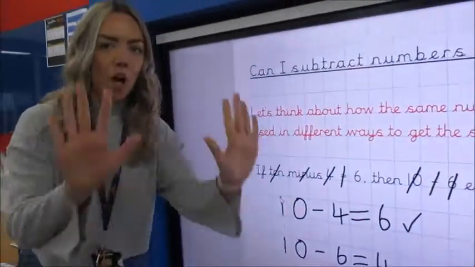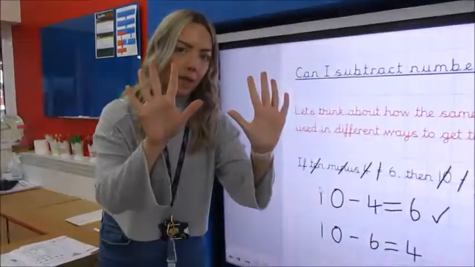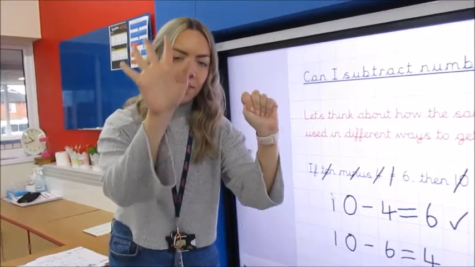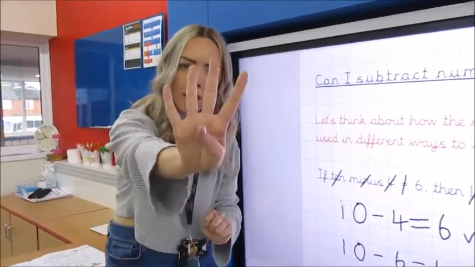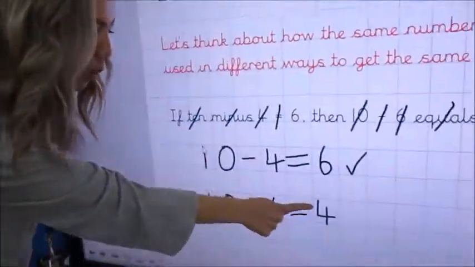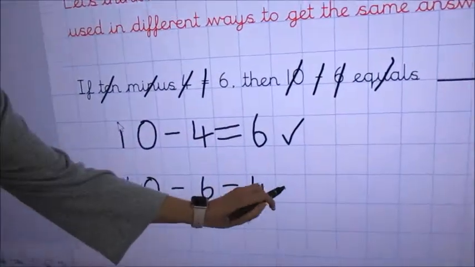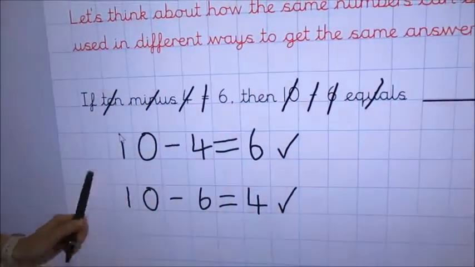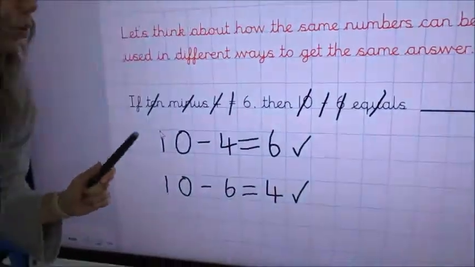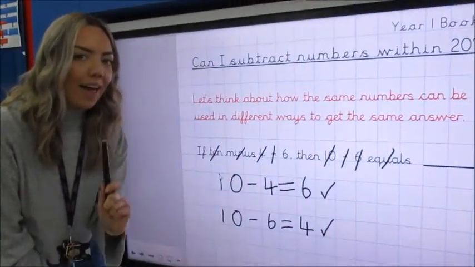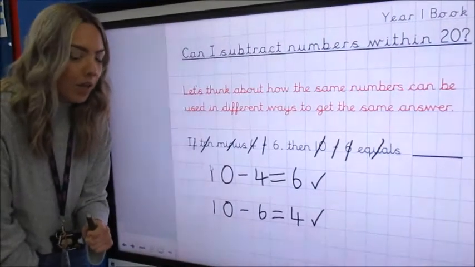So this time we're starting with 10 and we're taking away 6. 1, 2, 3, 4, 5, 6. Now look, how many have I got left? 4, which proves that we have worked that out correct. So we haven't used any different numbers. All the question is asking you to do is jumble the numbers around to get the same answer, okay?